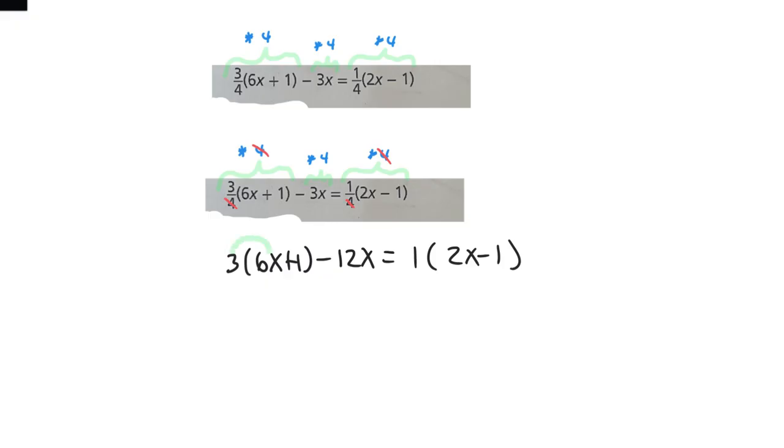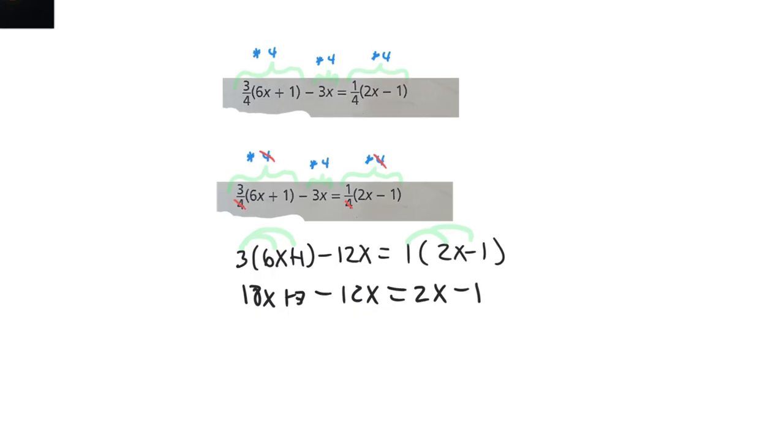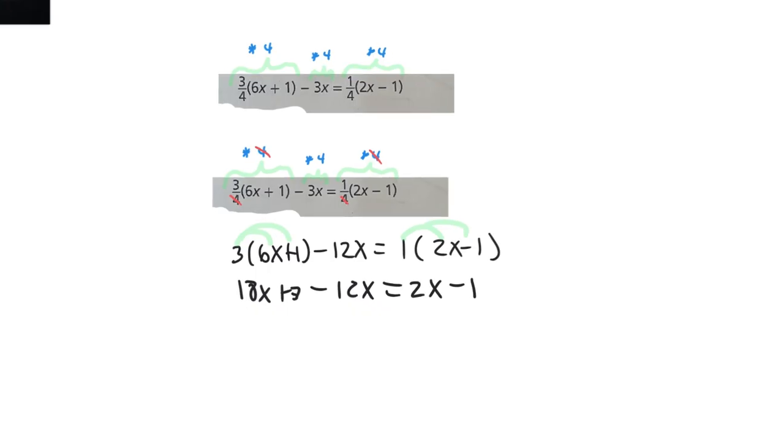At this point you can distribute because it's less annoying now. We have 18x plus 3 minus 12x equals 2x minus 1. Combining like terms on the left, that becomes 6x plus 3, and that equals 2x minus 1.